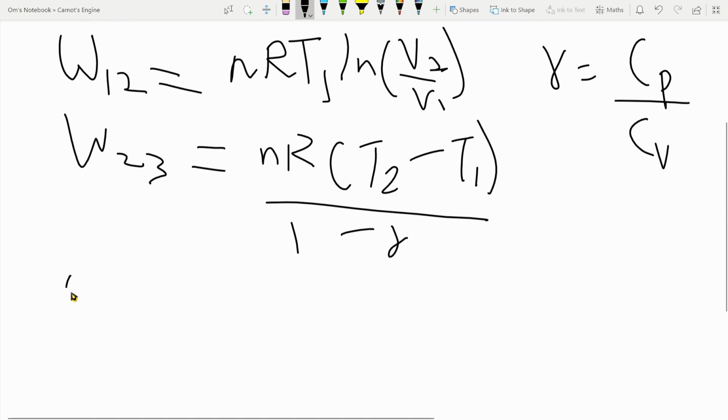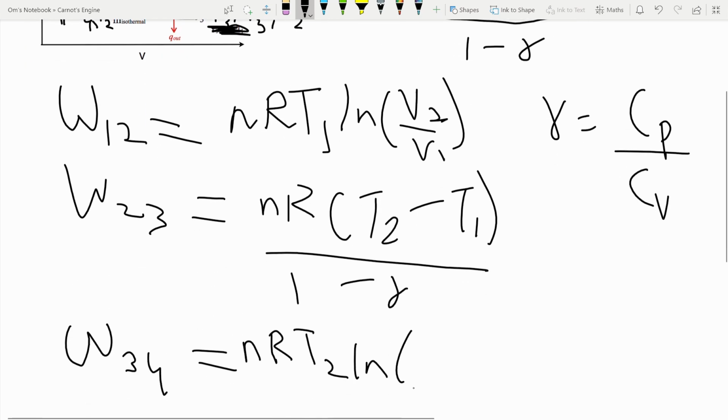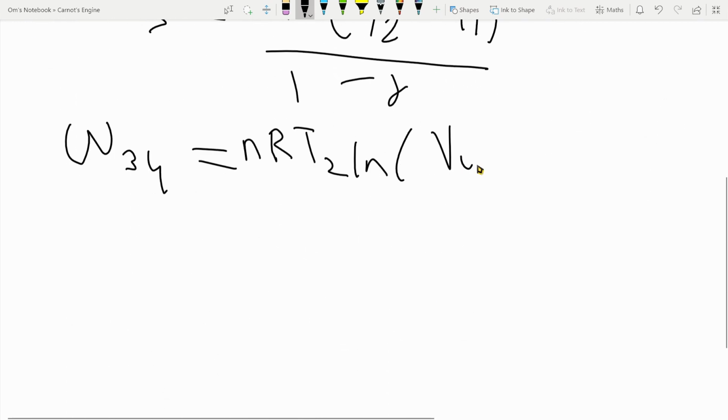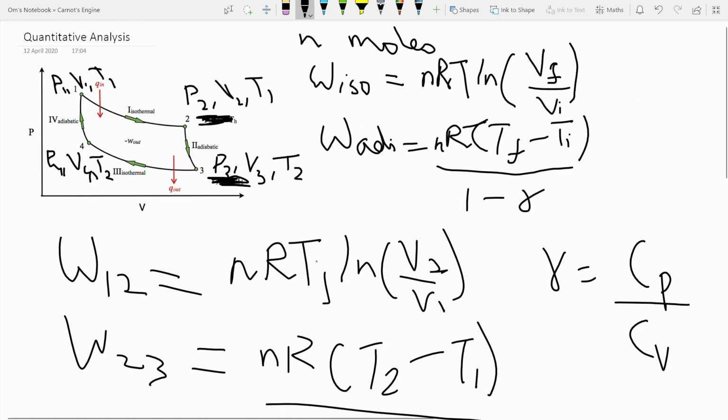Alright, so then work 3, 4 can be written as nRT2 ln of V4 by V3, and lastly work done from 4 to 1 can be written as nR, and now it's not going to be T2 minus T1, it's going to be T1 minus T2.